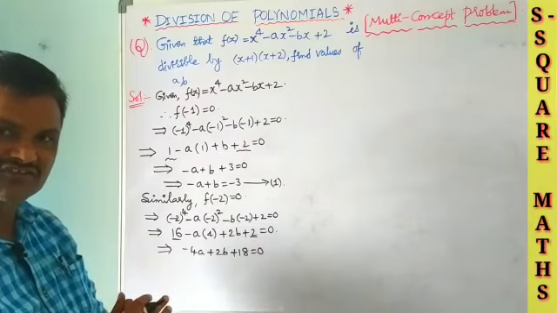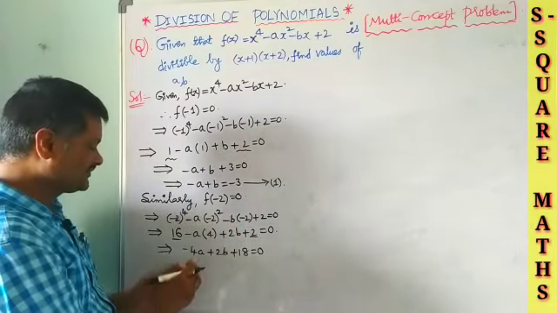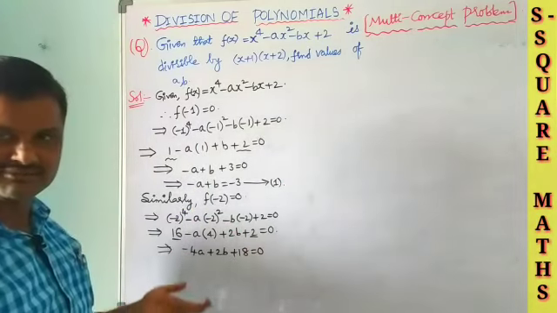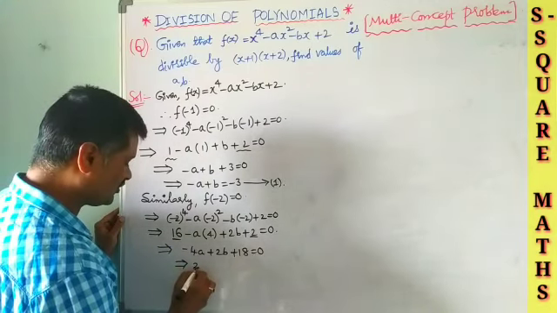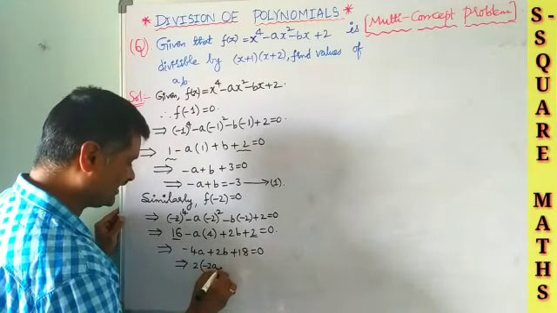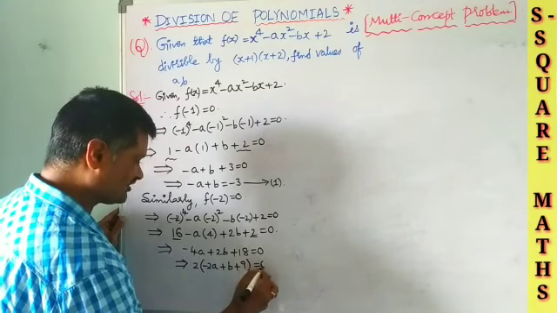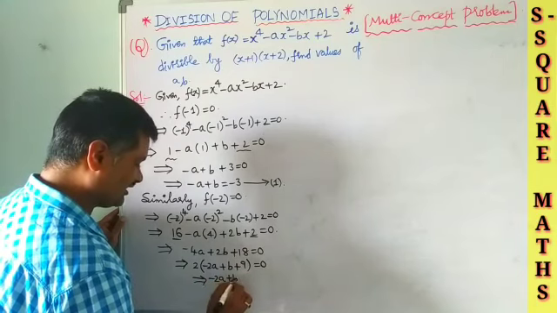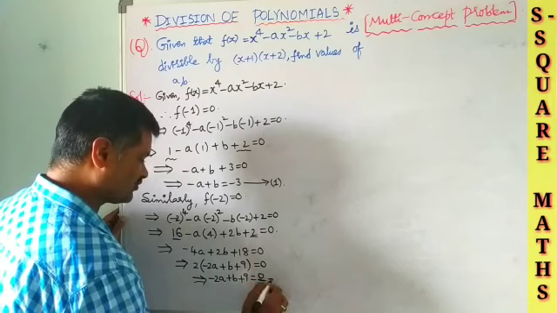If you observe carefully here, to get easier calculations, each of the 3 terms has 2 as a factor. So write down 2 as common, so that I can write 2 times minus 2a plus b plus 9 is equal to 0.